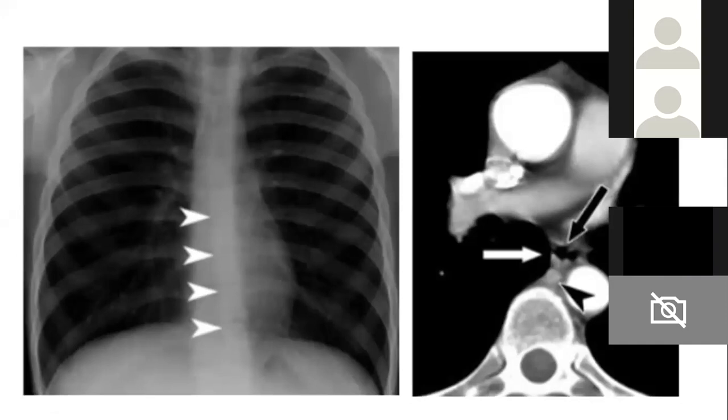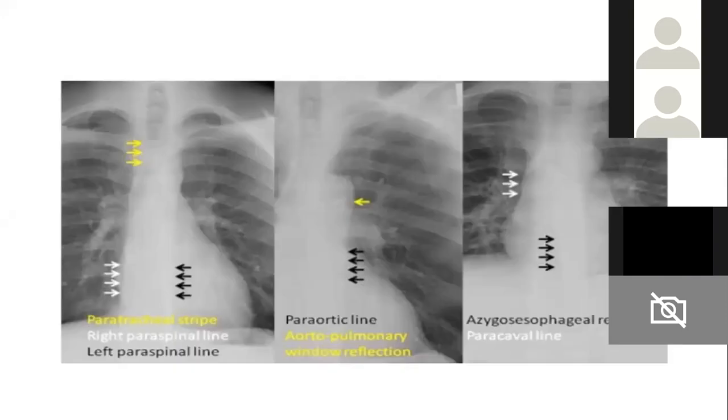Again, this is seen in 30 to 40% of the cases, not all. Reiterating the same thing, the paratracheal stripe, right side. The left paratracheal stripe is not discussed in Sutton, but Webb and Higgins mention it. Sutton says that the tracheal left wall doesn't directly overlap the lung, so there is no left paratracheal stripe described.